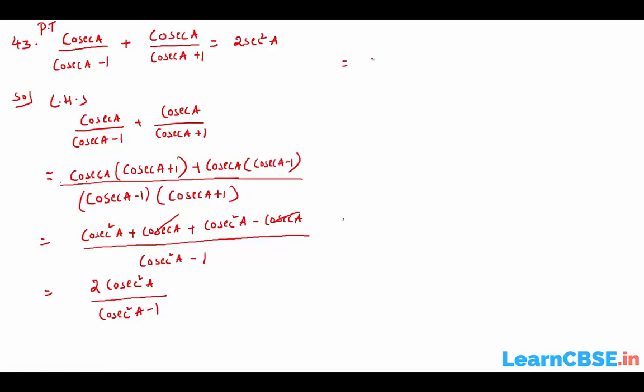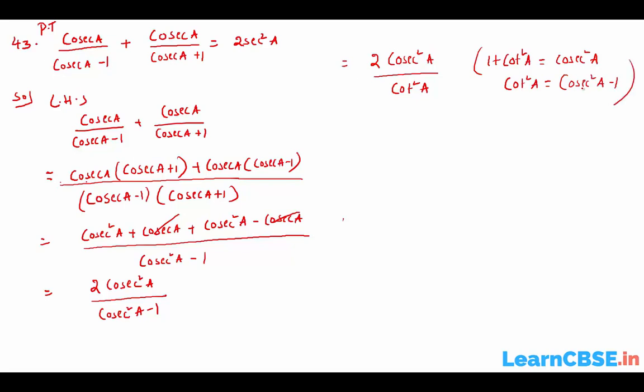Again from here, 2 into cosecant square A by cot square A, because we know that 1 plus cot square A equals cosecant square A. So transpose 1 to the right side, then you'll get cot square A equals cosecant square A minus 1. That's what I replaced.